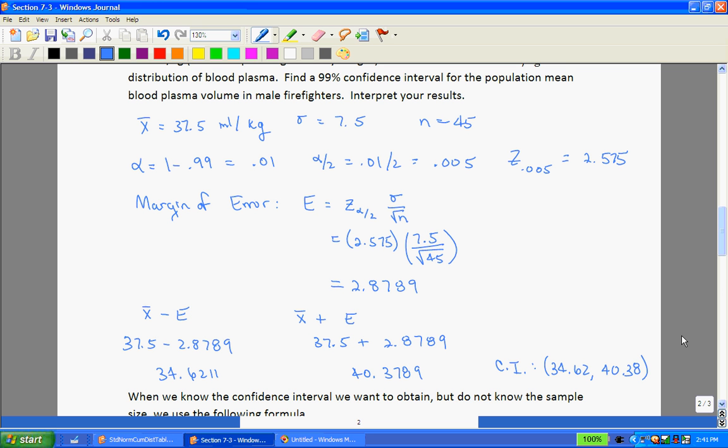We could say we are 99% confident that the interval from 34.62, and we should put our units on that, milliliters per kilogram to 40.38 milliliters per kilogram contains the true mean of the average for the firefighters. Remember, we don't want to say that we're 99% confident that the mean falls in that interval. It's that the interval contains the mean, so be careful with that.